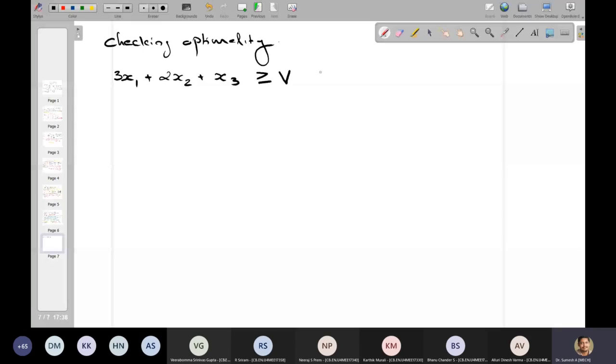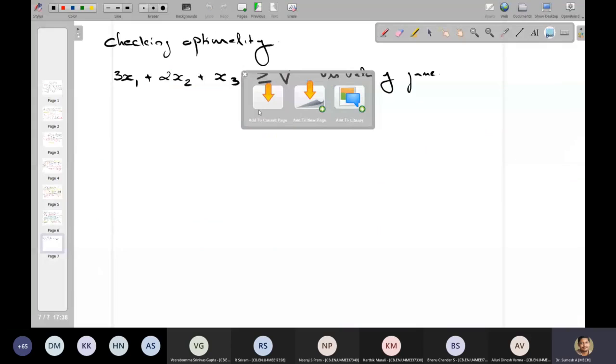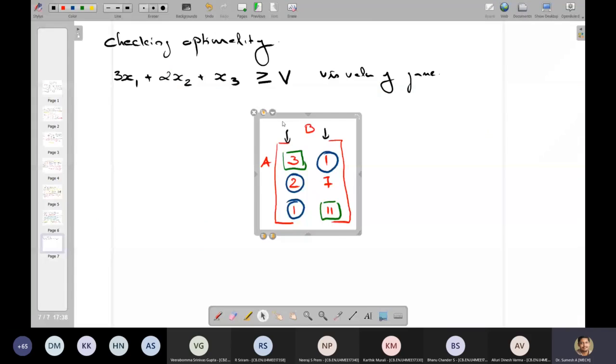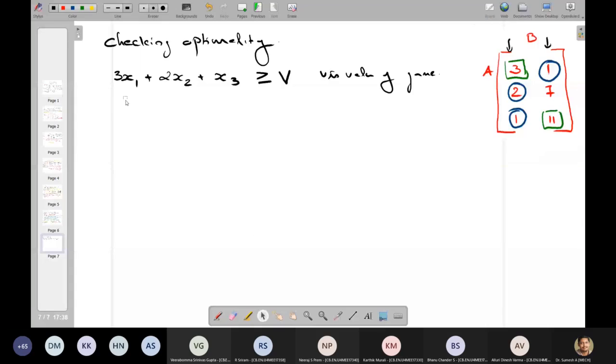The second equation will be x1 plus 7x2 plus 11x3 should be greater than or equal to v. Now select it as y.